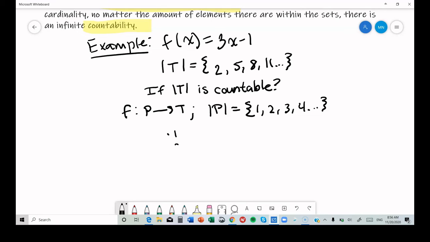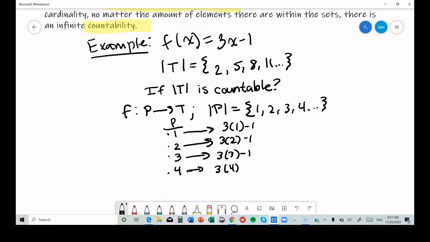Well, if we use 1, 2, 3, 4 for P, we'll just plug them into the function. Okay, and let's see if our results come out to T. So when we do 3 times 1 minus 1, we get 2. Then we get 5 for the next one, the next one 8, the next one 11. So P does map onto set T.